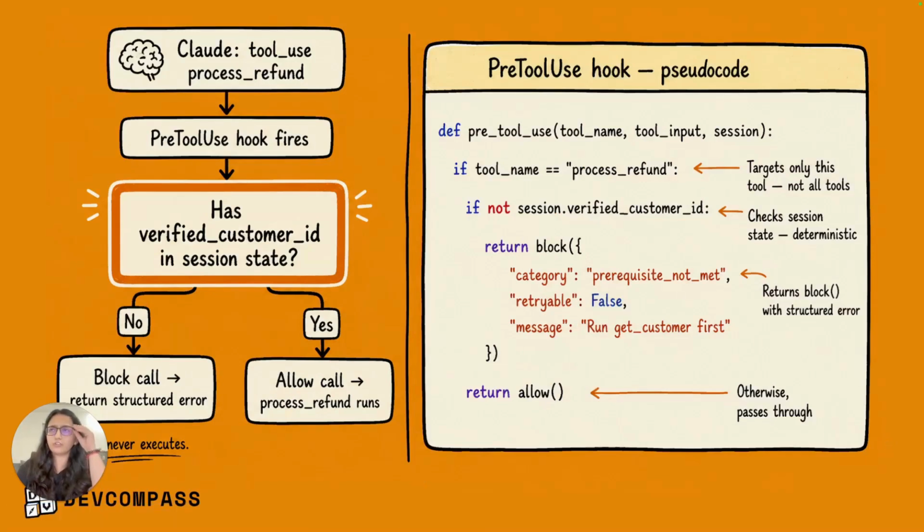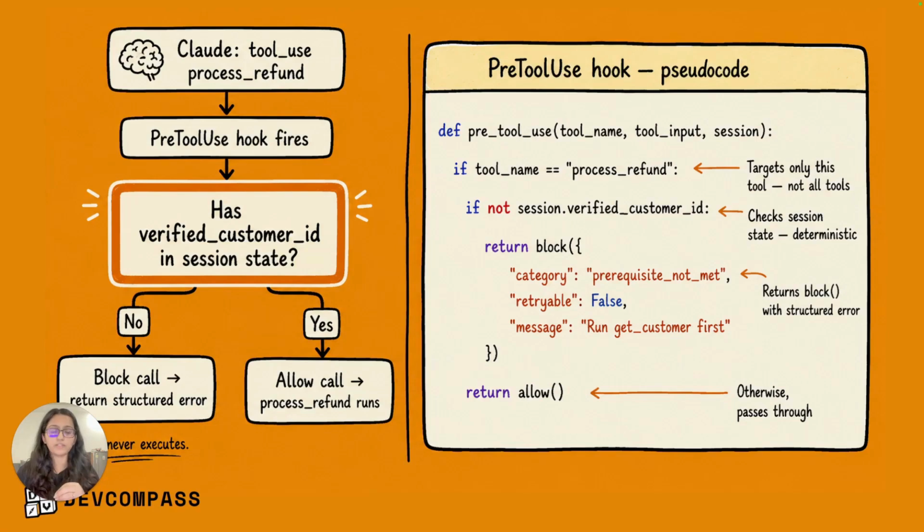So let's walk through a PreToolUse hook example. Look at the flow diagram on the left side of the screen and the code on the right. Claude outputs a tool use call for process refund. That call arrives at your code. The PreToolUse hook fires immediately.